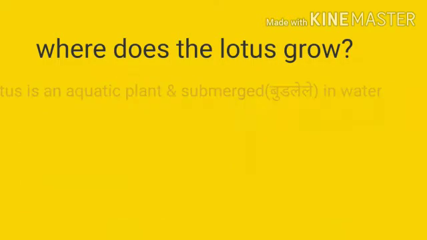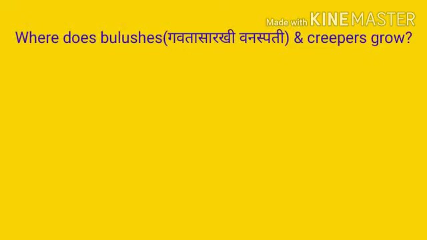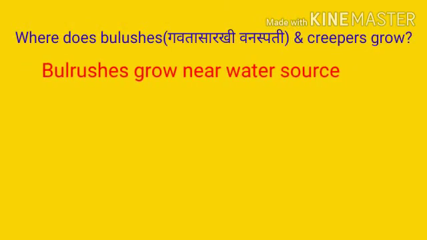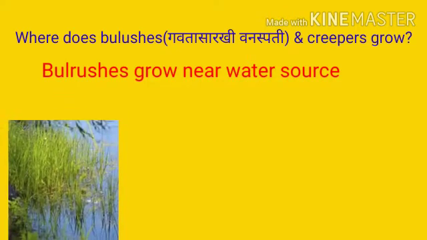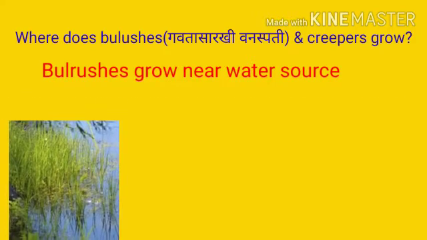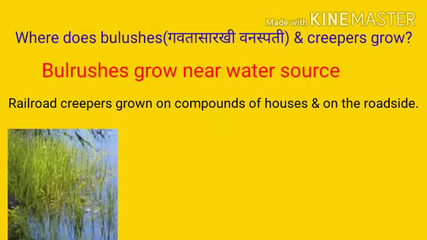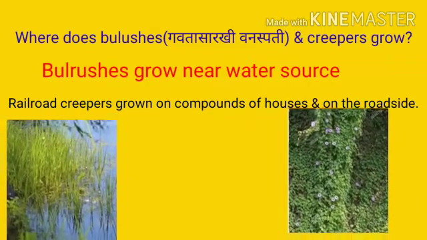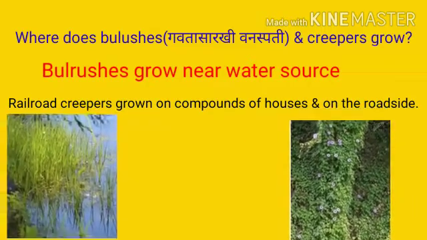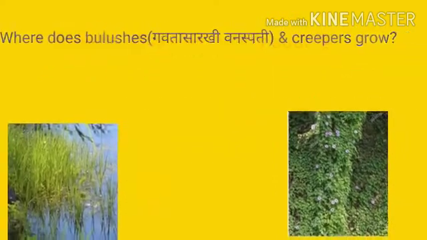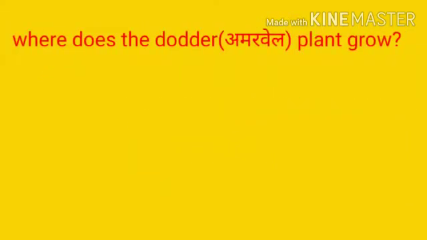Now third basic question. Where do bulrushes and railroad creepers grow? Actually, the bulrushes grow near the water source where water is available. And the railroad creepers are seen growing on the compounds of houses and on the roadside. Now the fourth basic question.